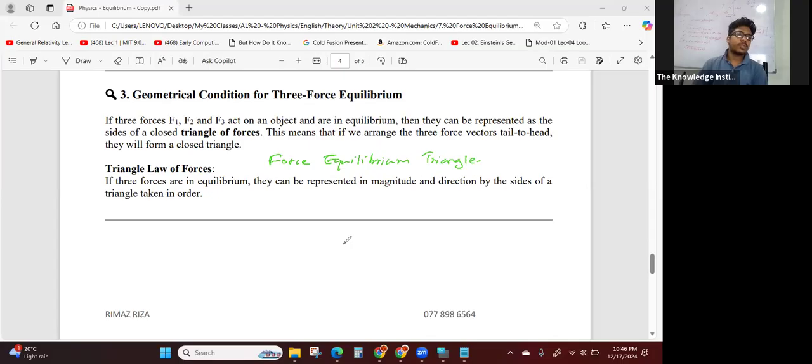So if an object is balanced under the influence of three forces, for example, we can take our previous example where the weight is acting downward and R is in this direction. Here, let's say R is friction and the weight acts downward.